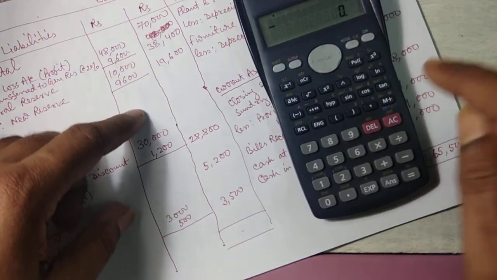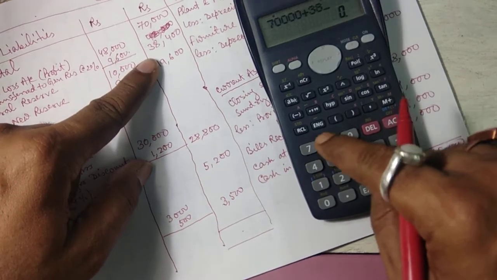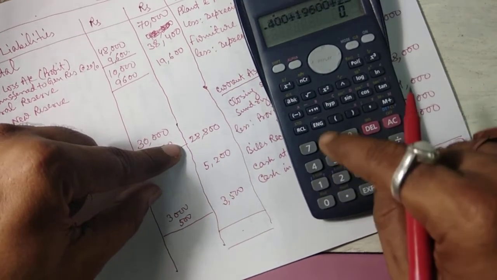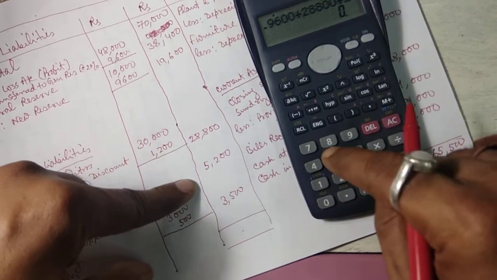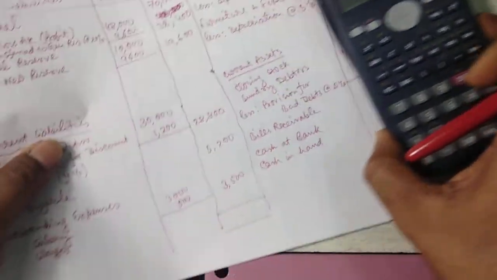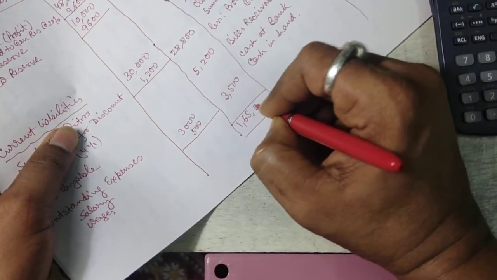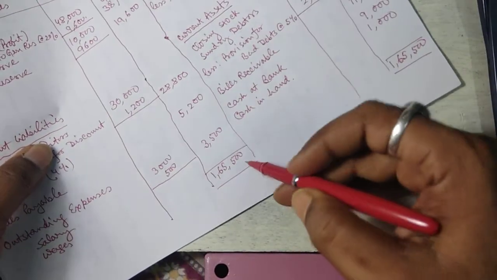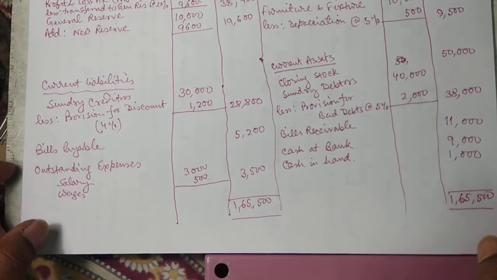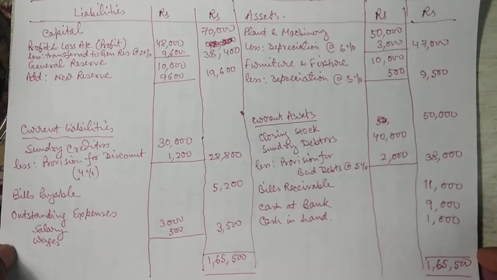Now see here 70,000 plus 38,400 plus 19,600 plus 28,800 plus 5,200 plus 3,500 equals to 1,65,500. Clear? It is tallied. Total assets and total liabilities are equal. So we have completed our balance sheet. Now see, total balance sheet.